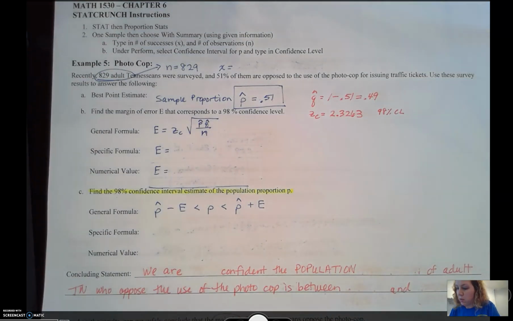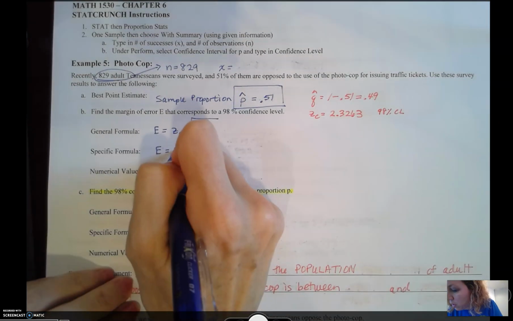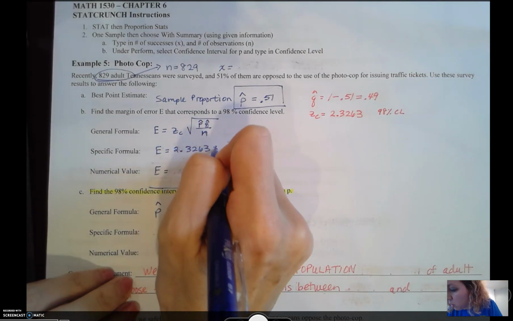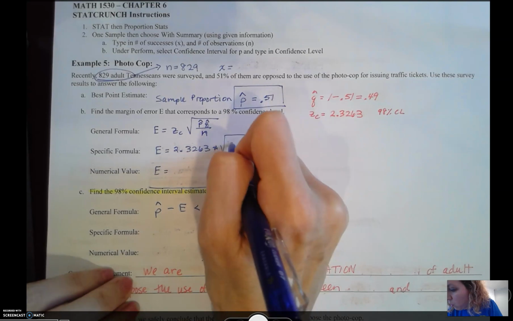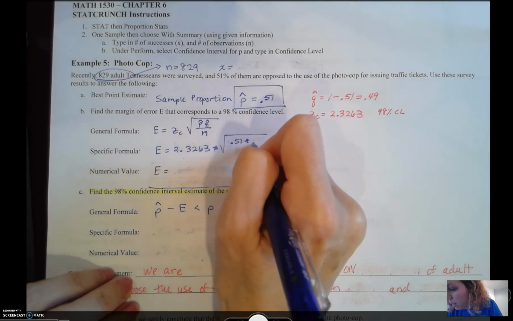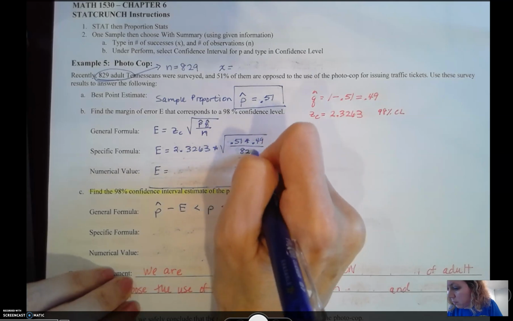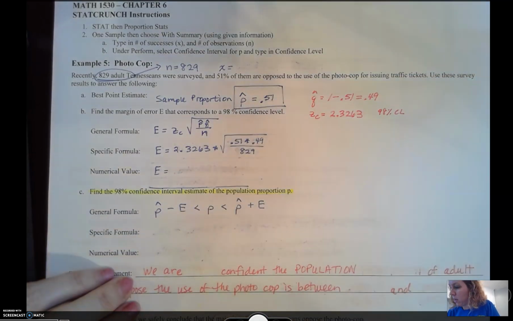Let's substitute all those values in. 2.3263 times the square root of 0.51 times 0.49, p hat and q hat, divided by n, which is 829. Try that on our calculator.